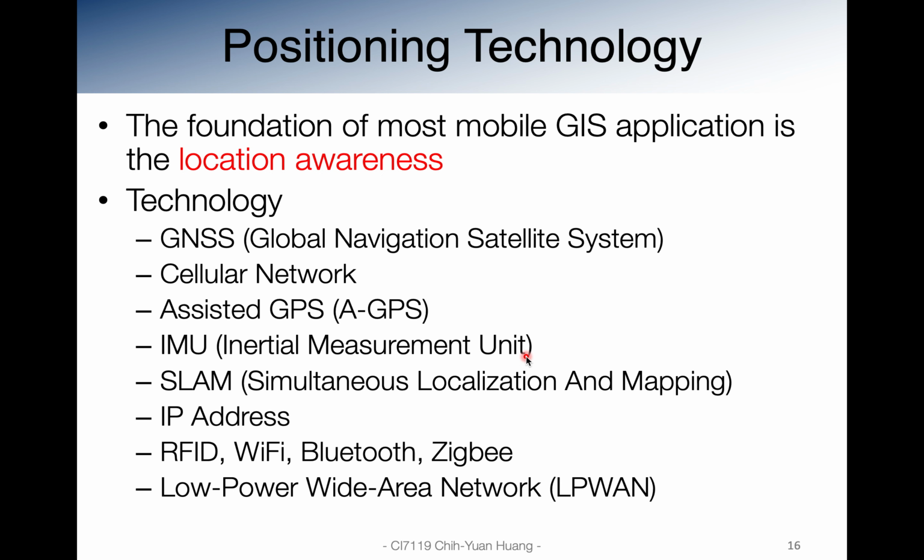For example, visual-based positioning using the camera, and one of the famous technologies is called SLAM, the simultaneous localization and mapping. This means you can use different sensing technologies, like optical sensors, the traditional camera, or some radar or other sensor signals, and by combining them together, you can perform the SLAM algorithm to map the corresponding environment.